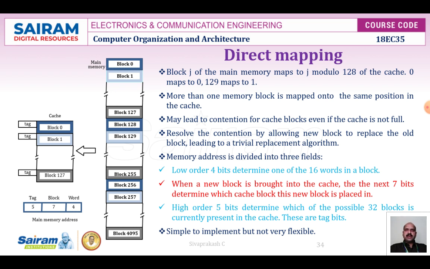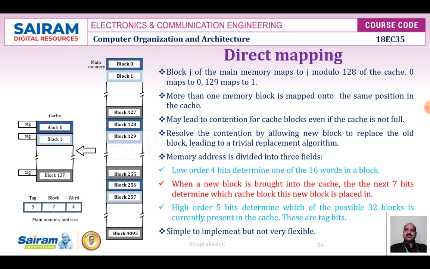The remaining bits specify one of the 2 to the power of s blocks of the main memory. The cache logic interprets these bits as tag bits and a line field of r bits. This latter field identifies one of the m equal to 2 to the power of r lines of the cache.